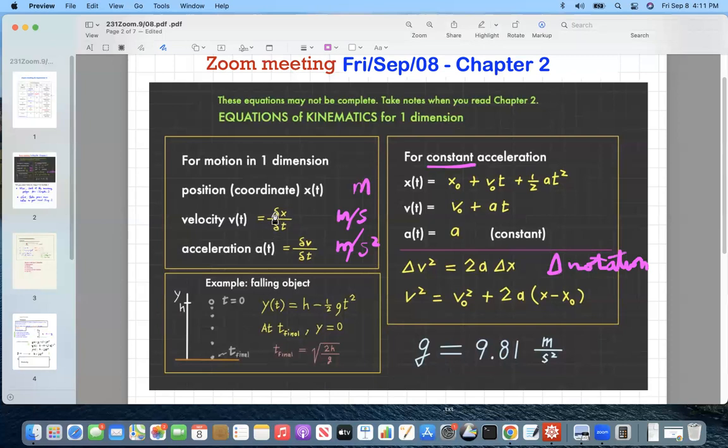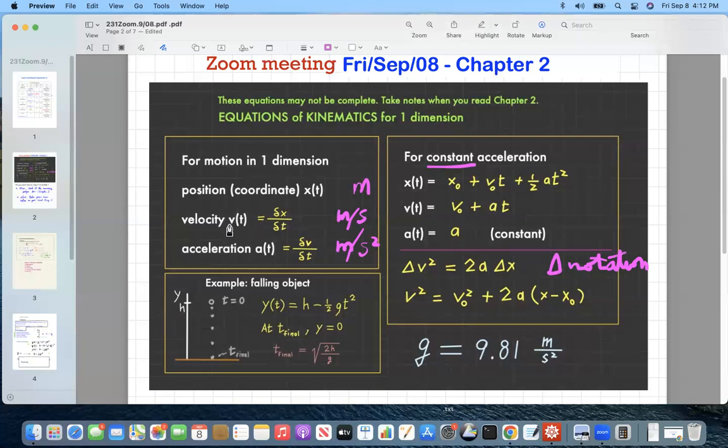And delta x is the very small change in coordinate that occurs during that millisecond. So delta x is very small, delta t is very small, but the velocity is the ratio of two small numbers. Well, that can either be large or small or intermediate.